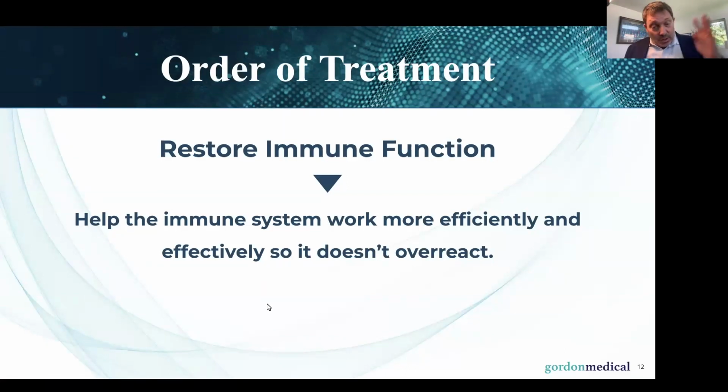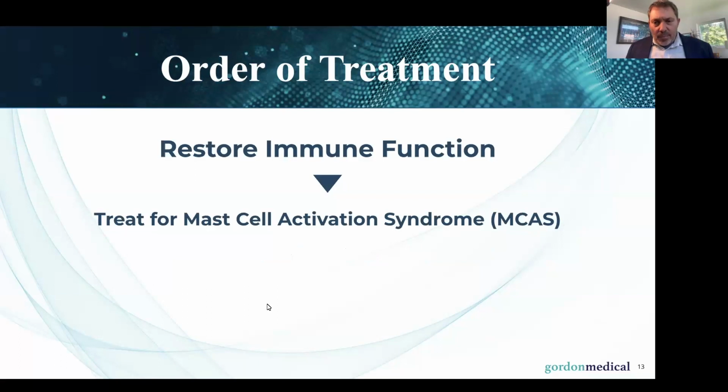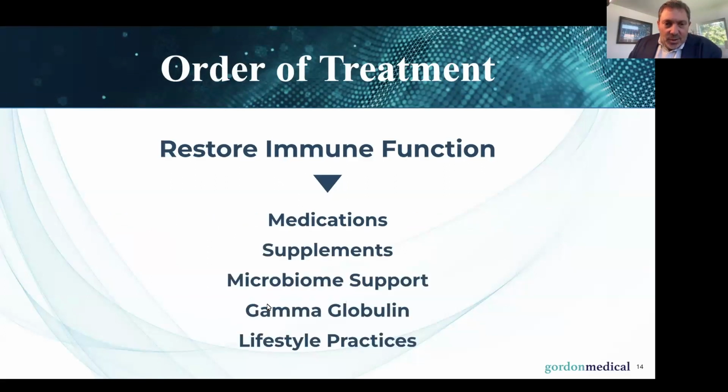So there's lots of treatments, both herbal and homeopathic, functional, as well as pharmaceutical for mast cells that many of the doctors employ. We want to think about the different kinds of immune stimulation. Do we want to help stimulate the immune system? Do we want to help modulate and decrease the immune system?